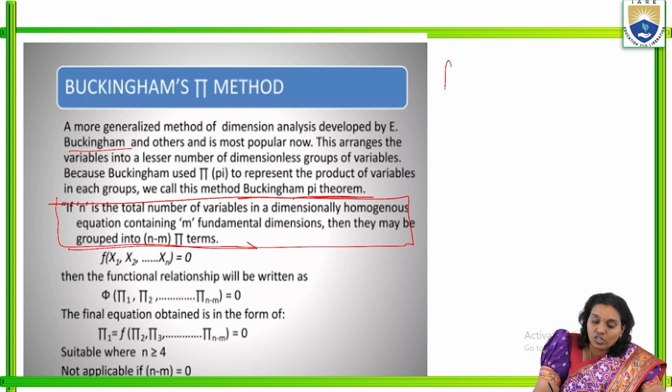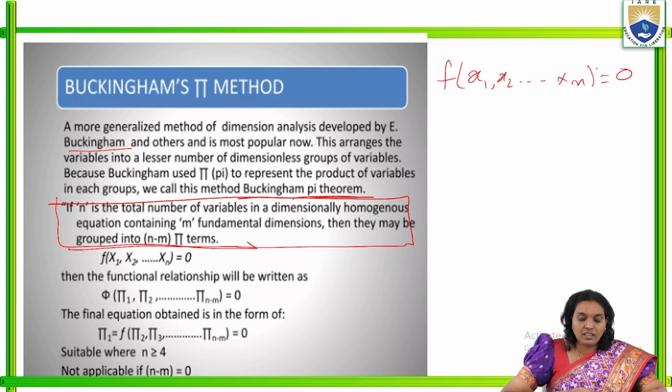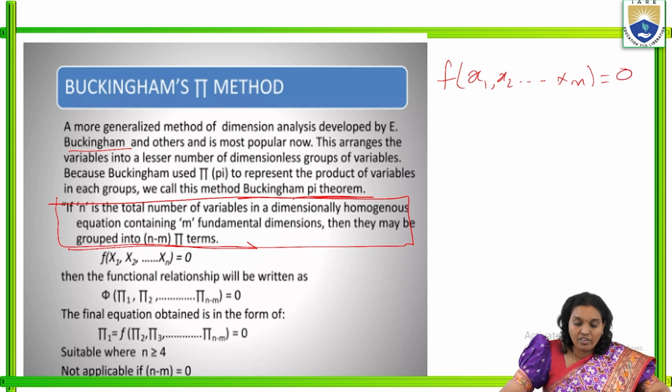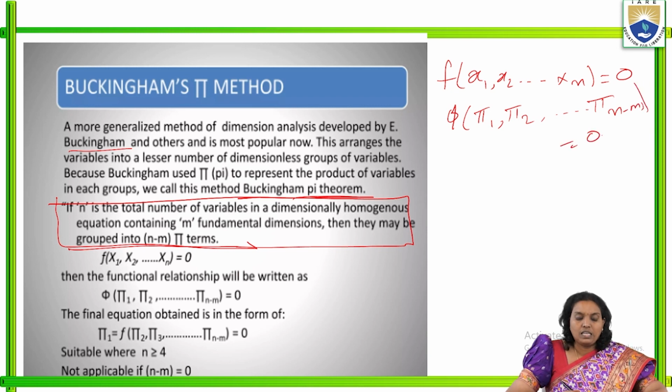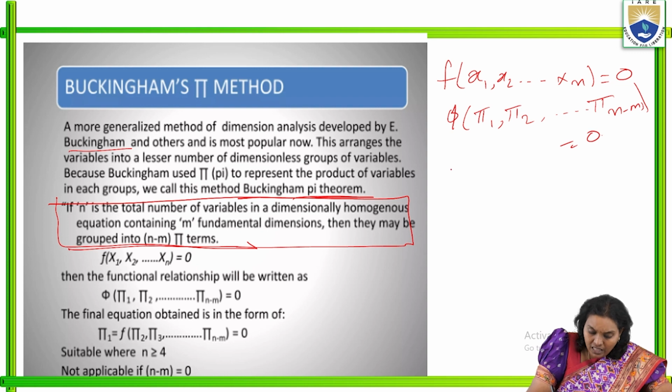Now the function f of x1, x2 and so on, xn is equal to 0, then the functional relationship will be written as f of pi 1, pi 2 and so on, pi n minus m is equal to 0. The final equation is obtained in the form pi 1 is equal to f of pi 2, pi 3 and so on, pi n minus m.